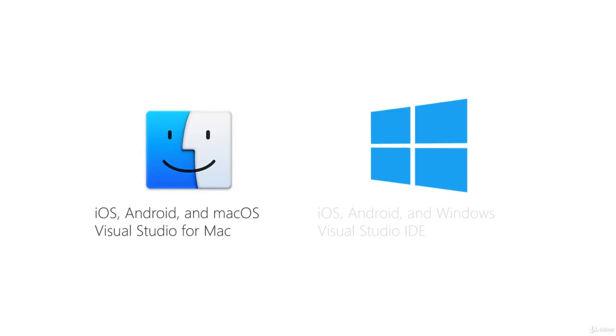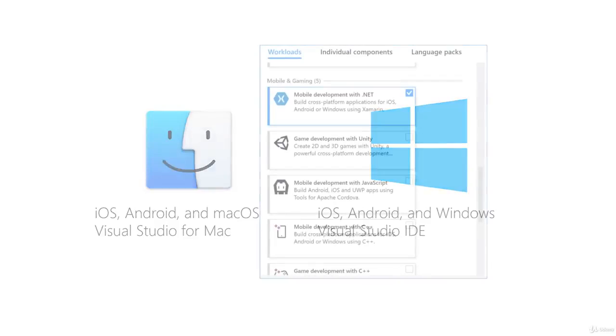Now, first, you can use either a Mac or a Windows PC as your development machine, and depending on your development environment, you'll be able to target different mobile platforms. Mac allows you to target iOS, Android, and Mac OS, and Windows lets you target iOS, Android, and of course, Windows.